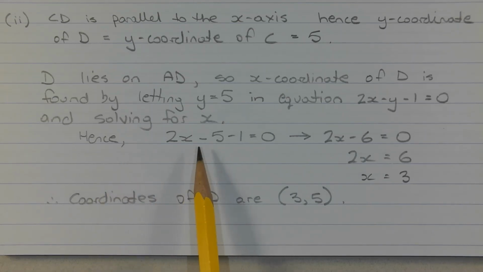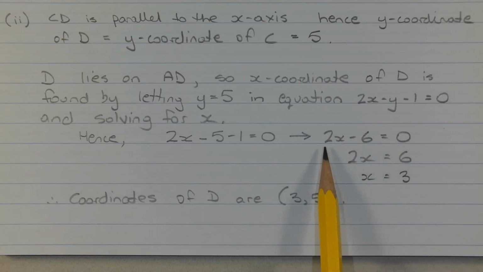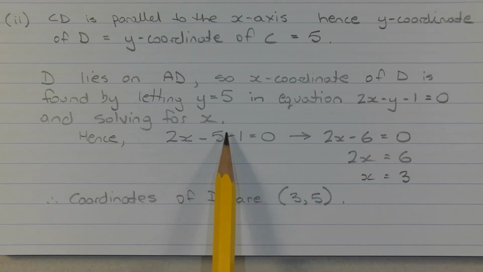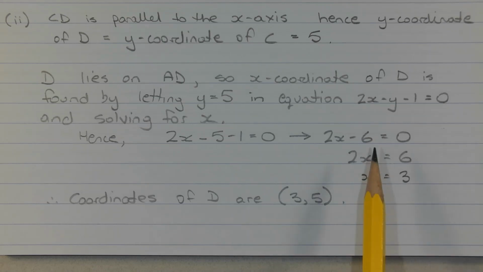Hence 2x minus 5 minus 1 equals 0, which gives us the equation 2x minus 6 equals 0 when we combine the like terms here. Now moving the negative 6 over to the other side, it becomes positive 6. We get 2x is equal to 6. Dividing both sides of the equation by 2, we get x is equal to 3. Therefore, the coordinates of point D are 3, 5.